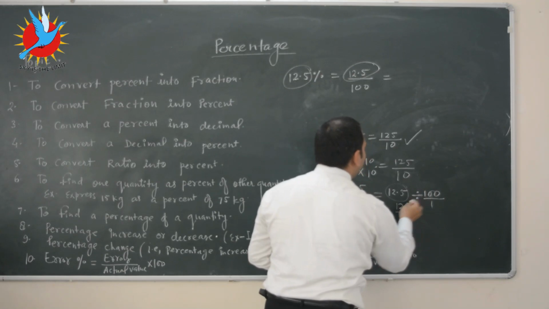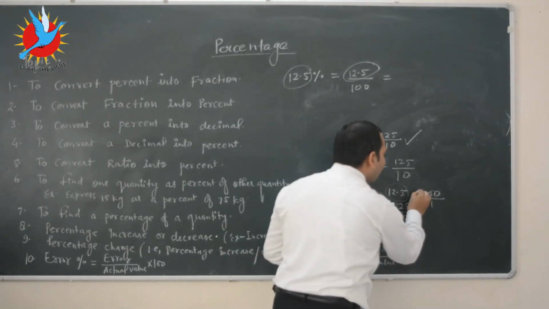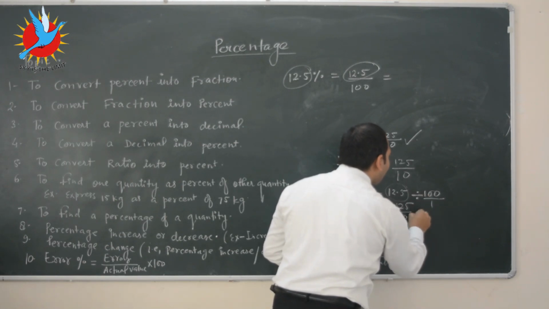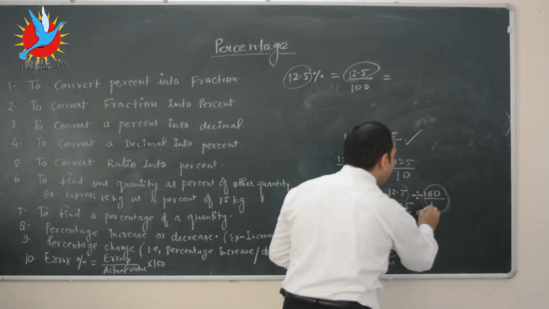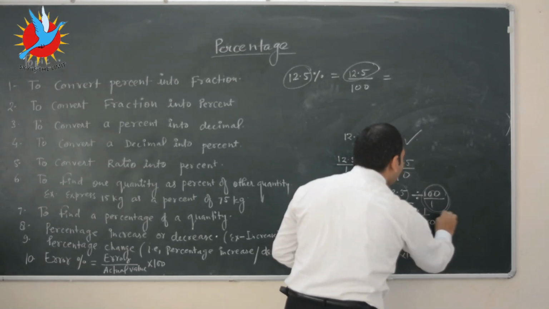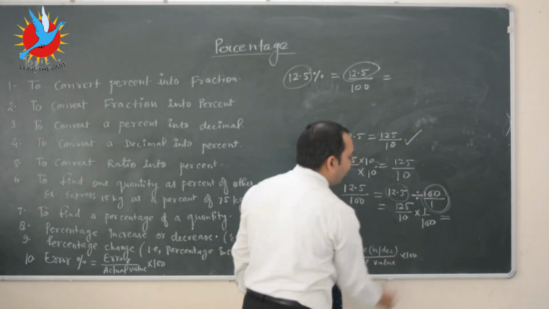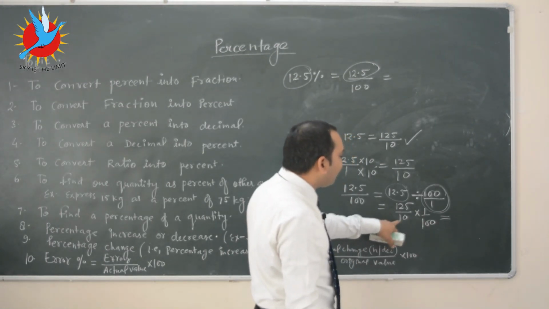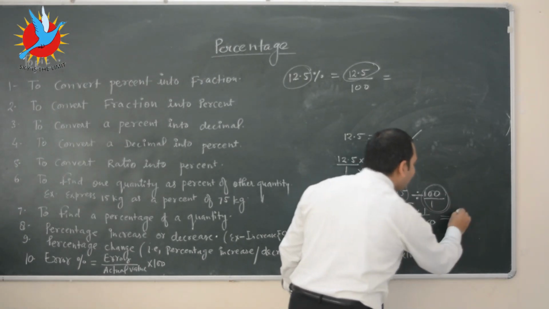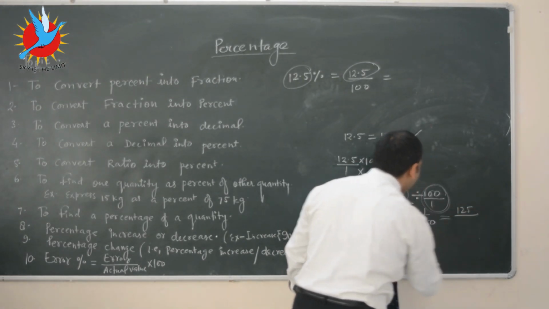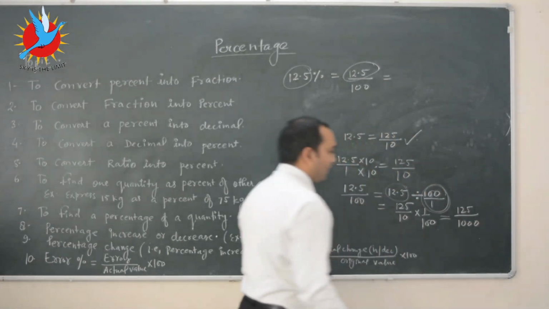When we divide one number by another number, we convert the divide into multiply and write the reciprocal of this number, which is 1 upon 100. The product of the two fractions is 125 upon 10 into 1 upon 100. The result is 125 ones are 125, and the denominator is 100 into 10, that is 1000.